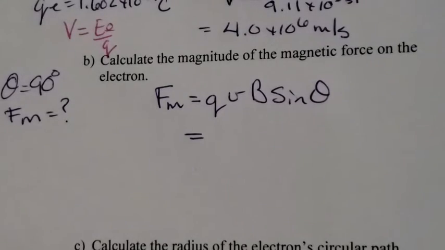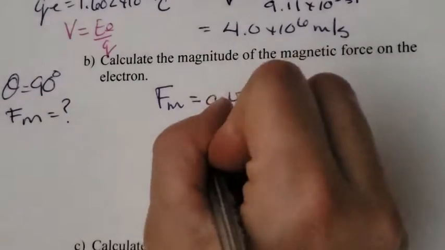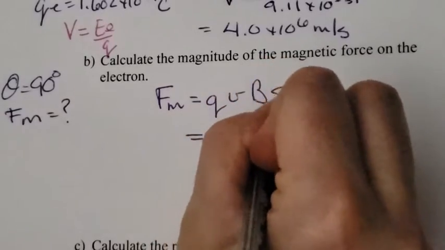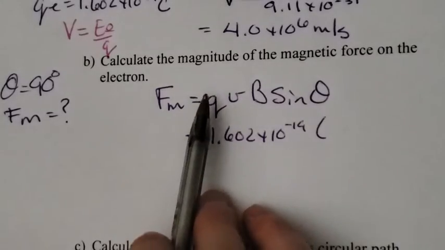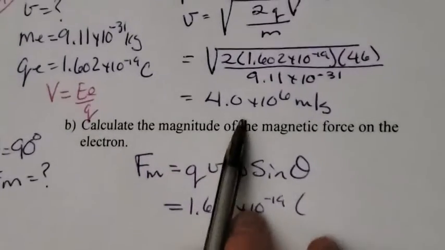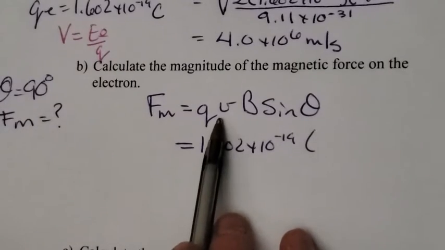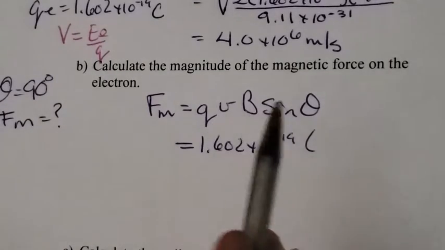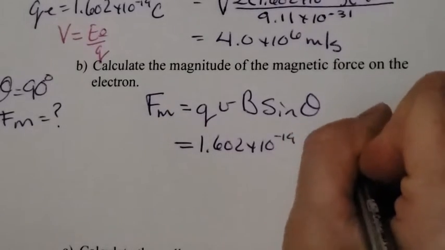And we just plug in everything we know. Because it's an electron, the charge on an electron is 1.602 times 10 negative 19. This V is our speed, and we just calculated the speed in A part. So in this formula, when you see the V there, don't get it mixed up with voltage. It actually is the speed. So that's 4 times 10 to the 6.